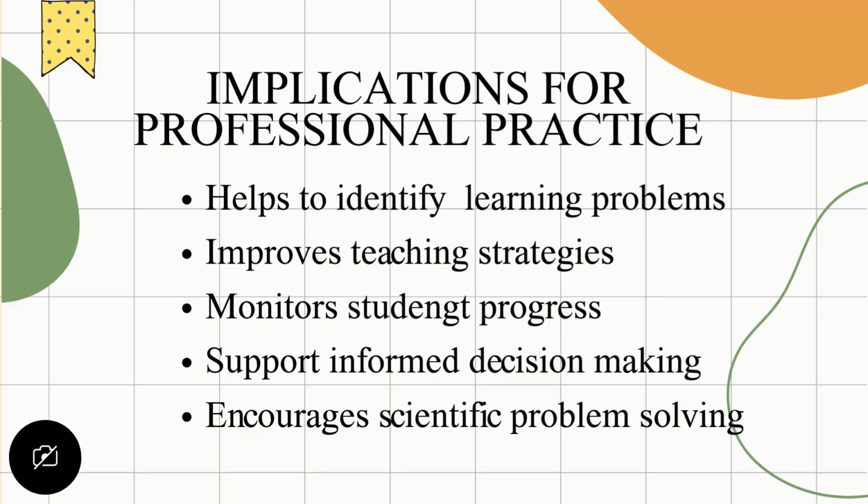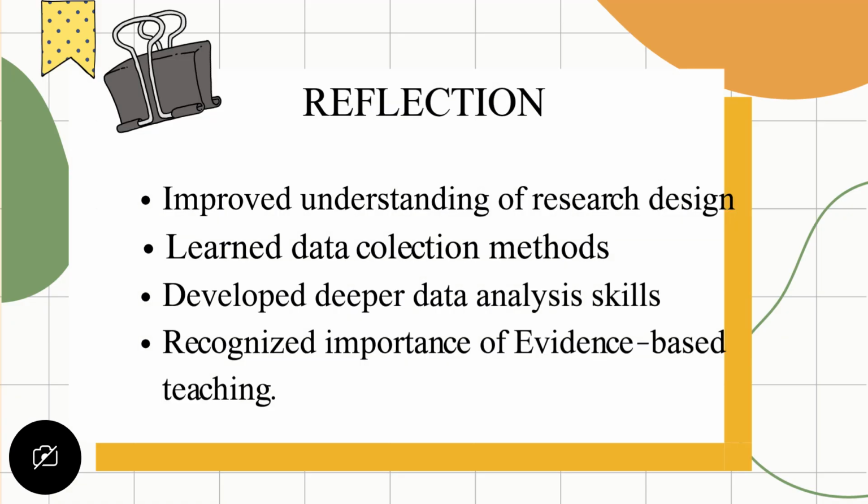It also helps in improving teachers' teaching strategies to better meet our students' needs. Additionally, teachers can use the research to monitor student progress over time and make informed decisions in the classroom. But overall, the research provides a scientific approach to solving problems in education that would improve our student outcomes.